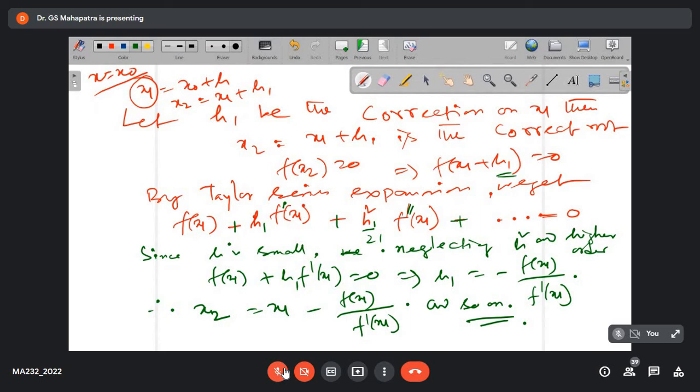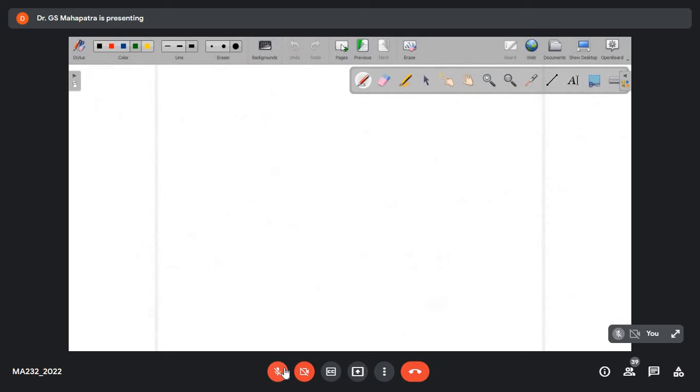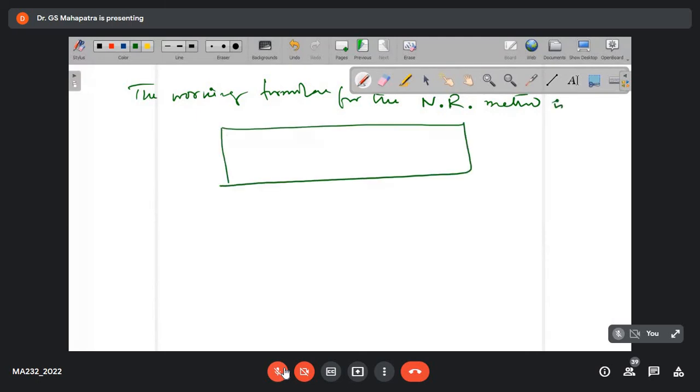For the nth iteration, the working formula for the Newton-Raphson method is xn plus 1 equals xn minus f of xn divided by f dashed xn. This is the formula.